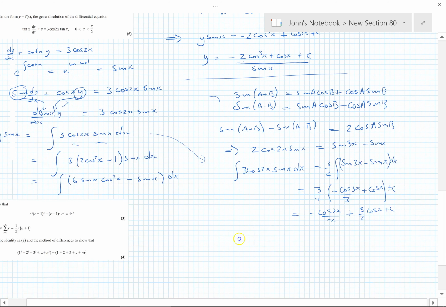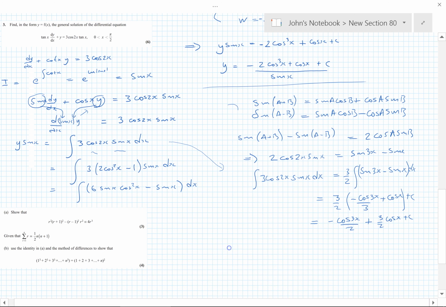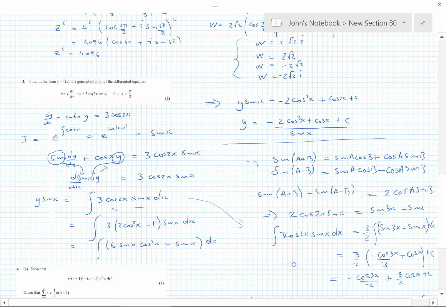So that means that y sine x is equal to that. So that would give us y is equal to minus cos 3x plus 3 cos x plus c all over 2 sine x, which is exactly the same. I prefer what I did first.